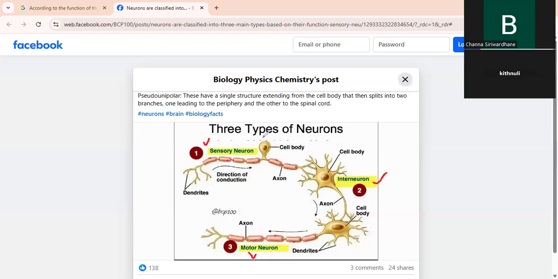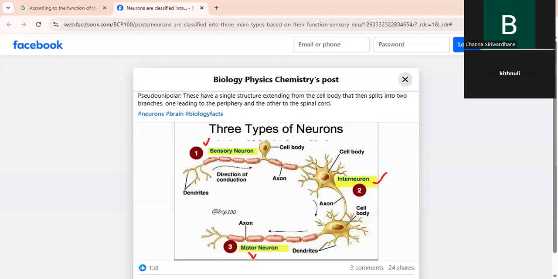Yes. Here again, the myelin sheaths start. Then it is connected to an interneuron. Interneuron means in Sinhala, අතරමැදි neuron.